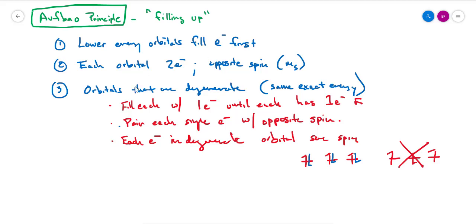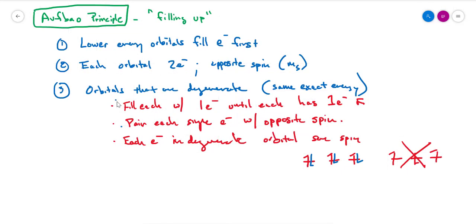This principle, this idea of filling it up 1 at a time and pairing later, some people refer to as Hund's rule. And this makes some intuitive sense: if you've got 3 degenerate orbitals and you're trying to figure out how to fill these up, it doesn't make sense to pair your first 2 electrons up like this, because now you've got 2 negatively charged particles really close to each other in the same subshell.